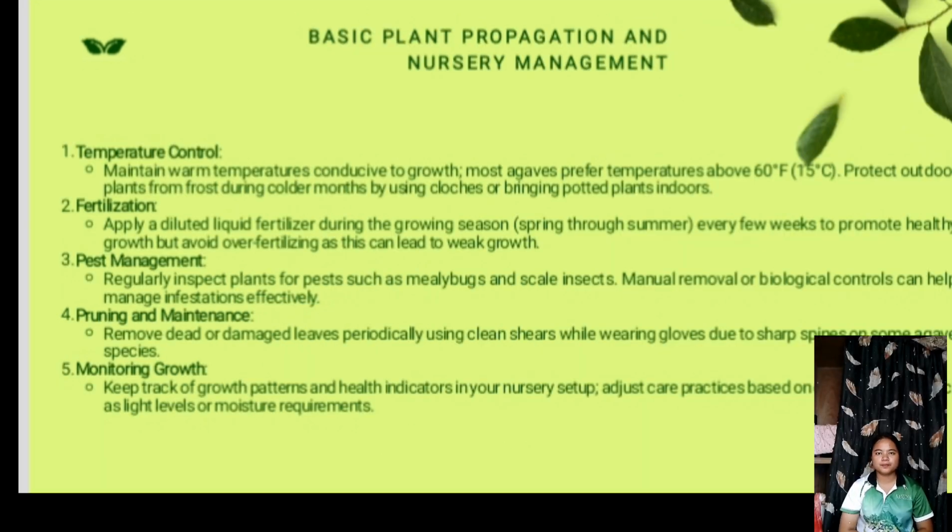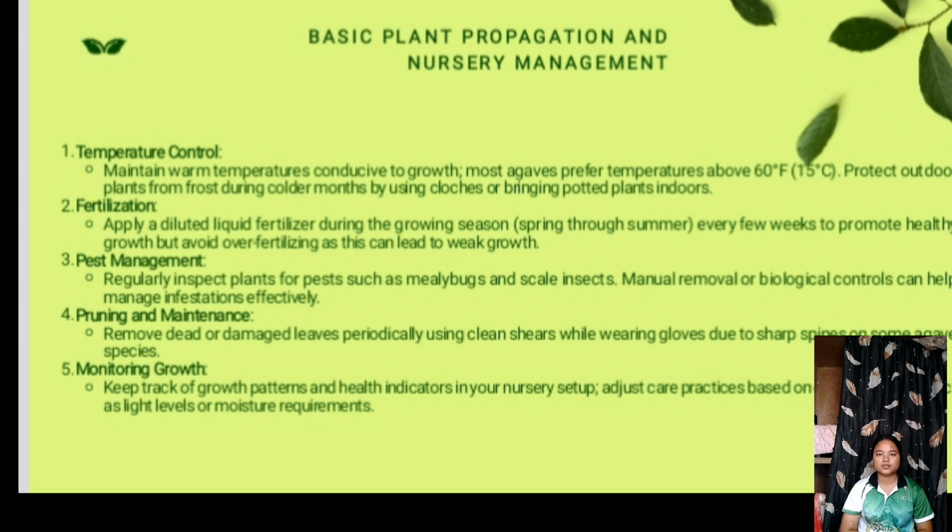So for basic plant propagation and their nursery management, first the temperature control. To maintain warm temperature conducive to growth, most agaves prefer temperatures above 60 degrees Fahrenheit, or 15 Celsius.